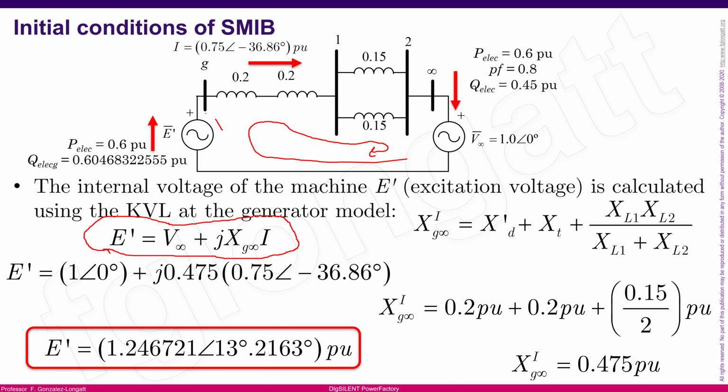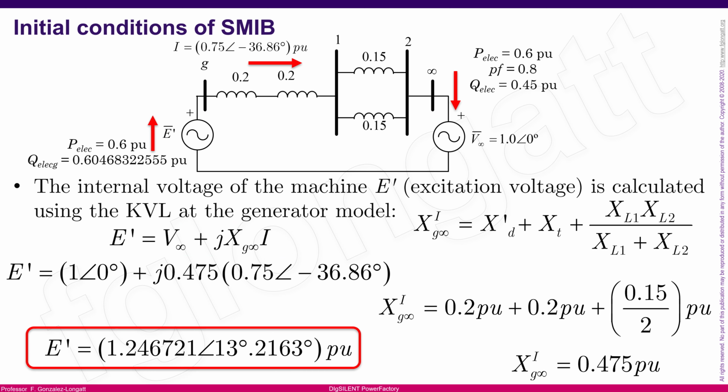We have the internal voltage of the machine, that is what we are looking for. We have here the series of components. We have several components, and then we have here the voltage across the infinite bus bar, okay?